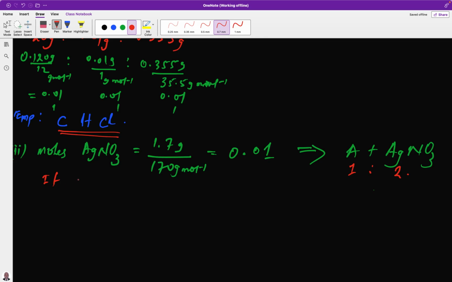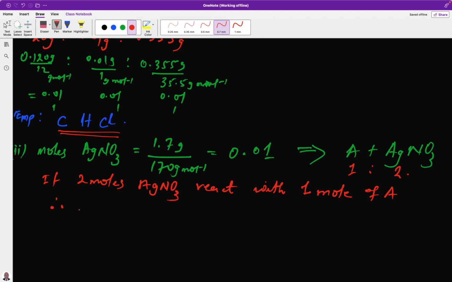If 2 moles of silver nitrate react with 1 mole of A, then the number of moles of silver nitrate we got here was what? 0.01.